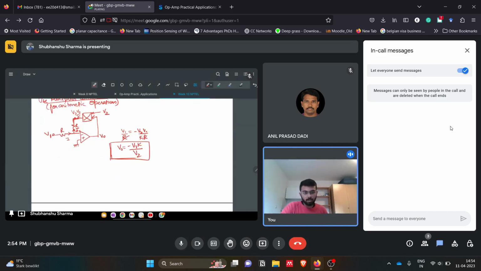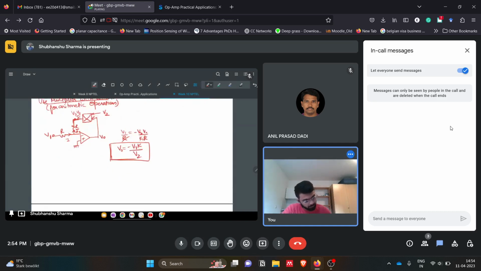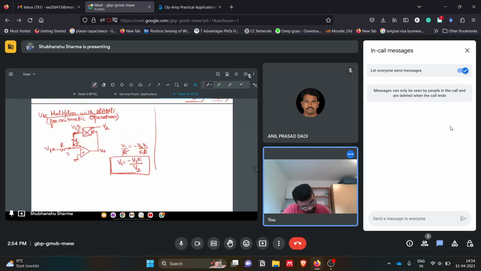Another application of this op amp is, if we use op amps like V naught and we have a multiplier here, we are multiplying a V2 signal here.